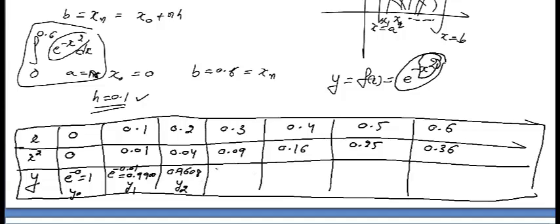Next value will be 0.9139. It is y3. I am taking approximate values up to 4 decimal places. Next will be 0.8521. It is y4. If you have any confusion, I am taking the help of a calculator, so that's why I'm getting these values.